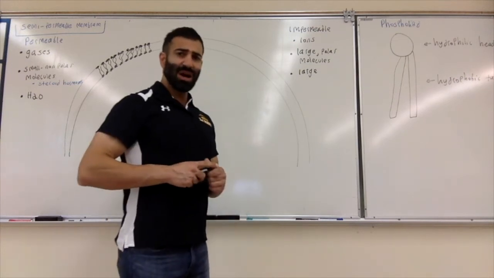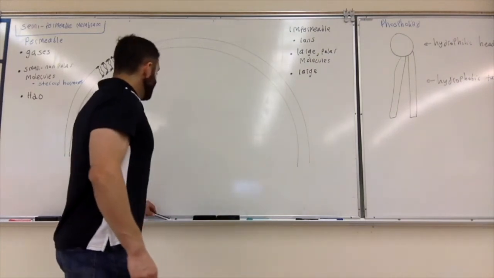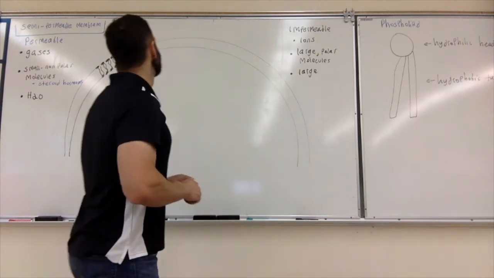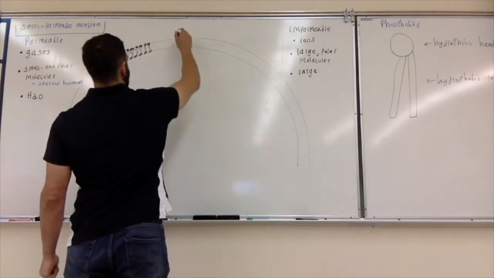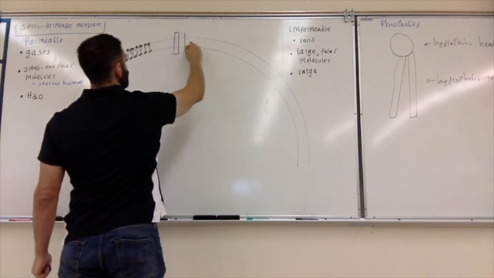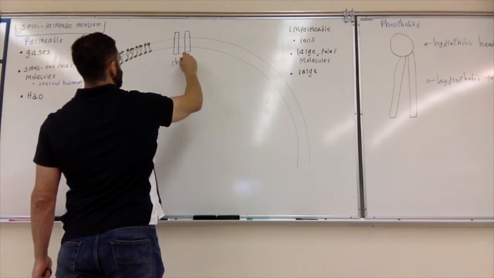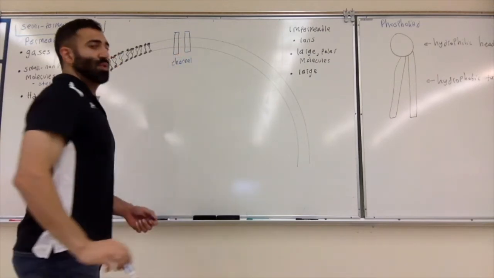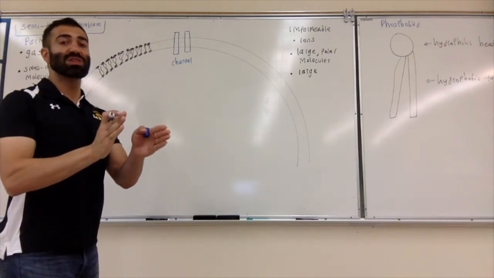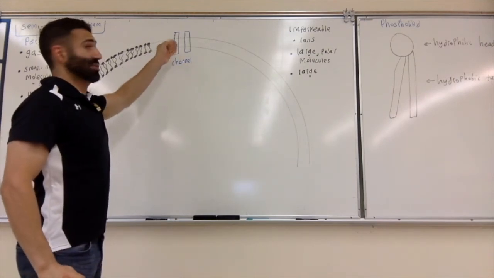All right, now there are other things on top of the cell membrane. And one thing I'm going to draw here is going to be transporters. So these are called transporters, and there's a couple of them. This is called a channel protein. What these are is that they're proteins that actually go through the entire width of the cell membrane, meaning they span from one side to the other.